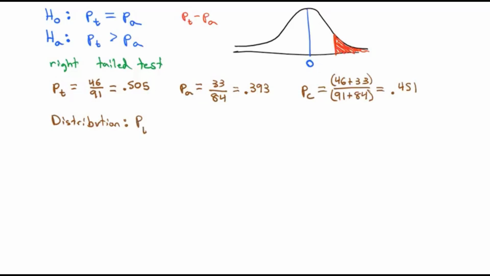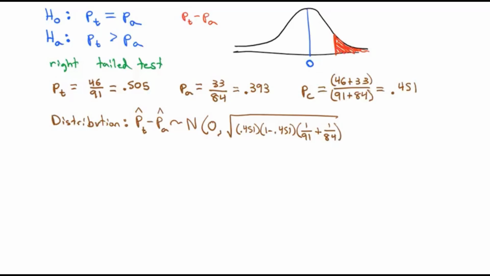We know the difference in the proportion between the teens and the adults is normally distributed with a mean of 0 and a standard error equal to that big square root: the pooled proportion of 0.451 times 1 minus 0.451, times 1 over the first sample size of 91 plus 1 over the second sample size of 84. So it's normally distributed with a mean of 0 and a standard error, if you put that in your calculator, of 0.0752.